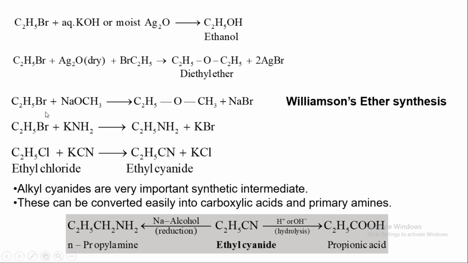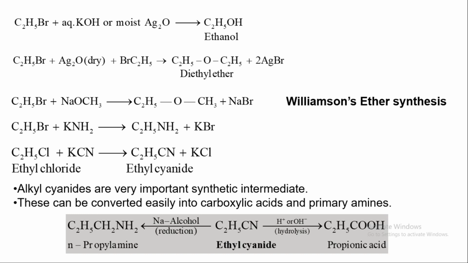If we use KCN with C2H5Cl, chloroethane, we will get C2H5CN. Its common name is ethyl cyanide or propane nitrile. Now again, here KCN is ionic. Instead of KCN, if we use AgCN, then we will get C2H5NC, that is isonitrile or isocyanide. Why?